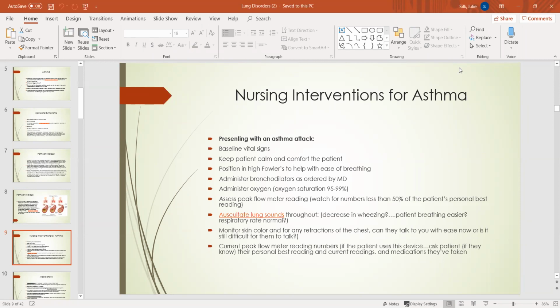Okay. The other thing we need to talk about a little bit is some of the medications that have to do with asthma. Whenever you get questions about this, typically the questions are going to be like, okay, this person's having these symptoms. What kind of medicine should they reach for to take? Those kind of questions are trying to test to see if you know the difference between what's a short acting and what's a long acting medicine.